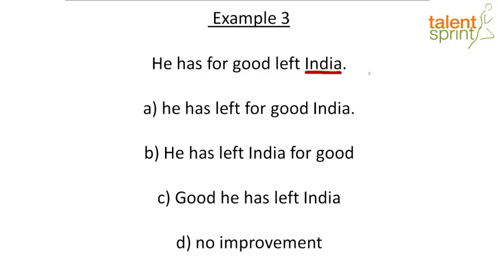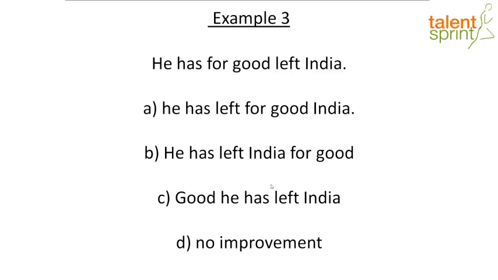It does not adhere to the word order rule, right? Let's look at option A. He has left. So I have my subject he, I have has left, which is the verb, but then I have the time frame coming in before the place. So option A is ruled out. Option B: subject, verb, and then I have the place and then the time frame.